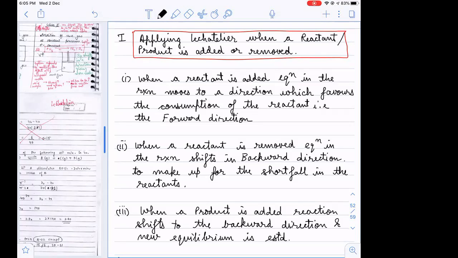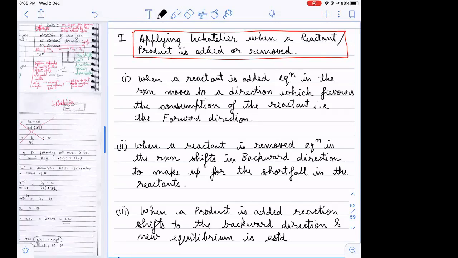The concentration of the reactant has been decreased as compared to the products. Now the products are a little bit more in excess as compared to the previous equilibrium point. So, in order to establish the equilibrium, the reaction shifts in the backward direction. Backward direction means from the products to the reactant side, that is from right to left.